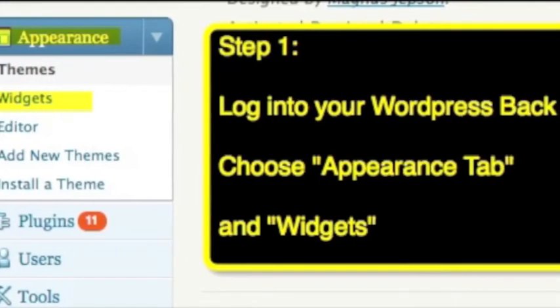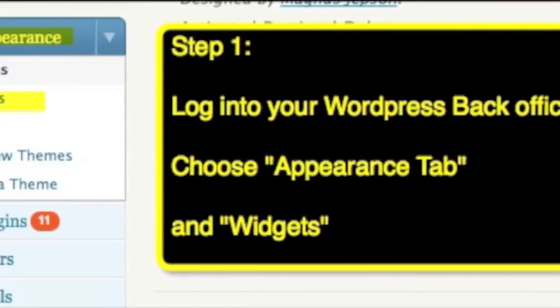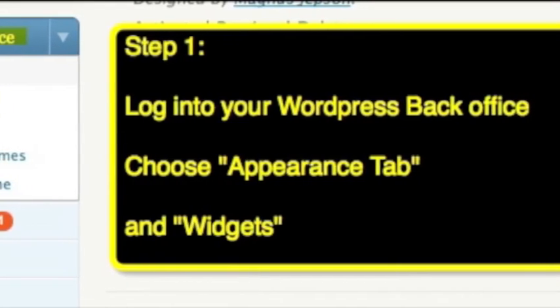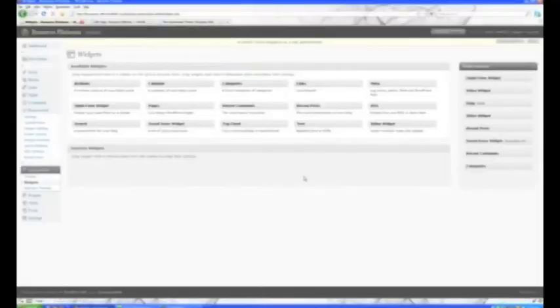So another great feature that I built into this is the opt-in form is actually a widget. So over here is my widgets page in my back office, and over here on the right you can see I have the opt-in form widget, and I can add multiple opt-in forms too if I want.